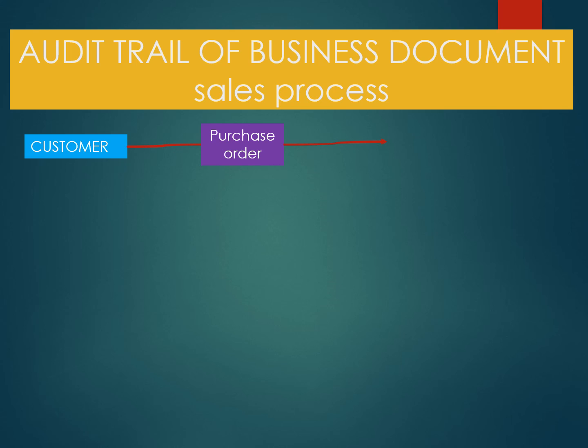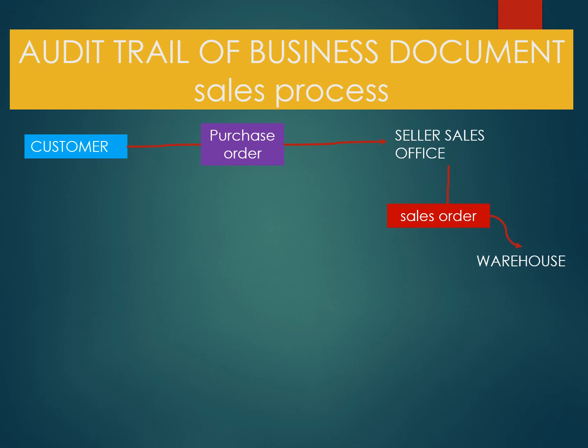Customer issues a purchase order and sends it to the sales office, and the sales office will translate the purchase order of the customer into a sales order. So sales order is our business document, and this sales order reflects the items in the customer purchase order.